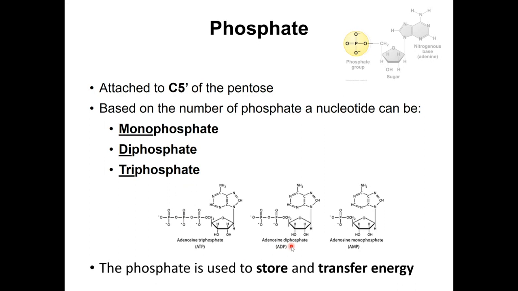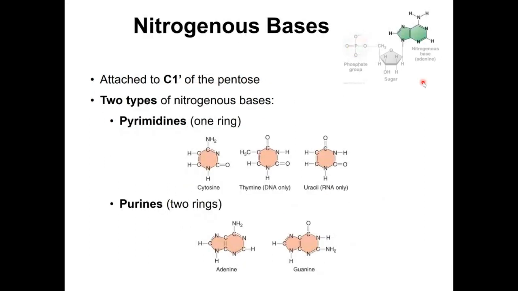Third component of all nucleotides is the nitrogenous base, which is always attached to the carbon 1 of the pentose, whatever it is. There are 5 possible nitrogenous bases: cytosine, thymine, adenine, guanine, and uracil.